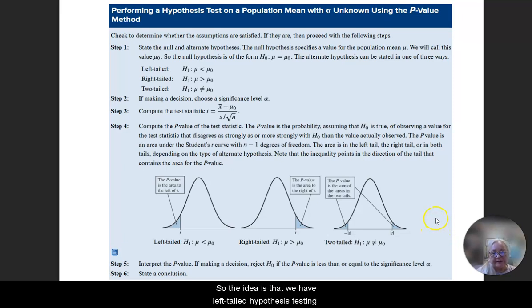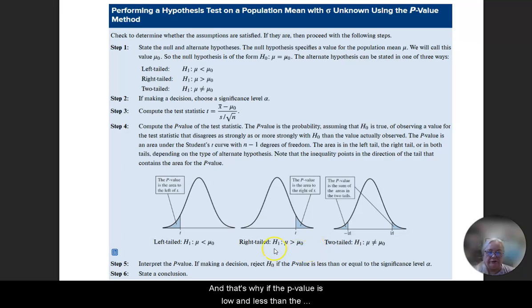So the idea is that we have left-tailed hypothesis testing, right-tailed hypothesis testing, or two-tailed. So we calculate the probability under the curve. It's not exactly a normal curve for a case when the population standard deviation sigma is unknown, but it's similar to the normal curve.